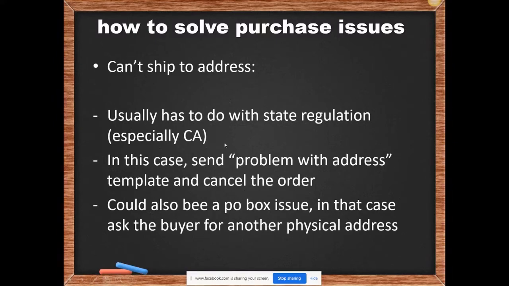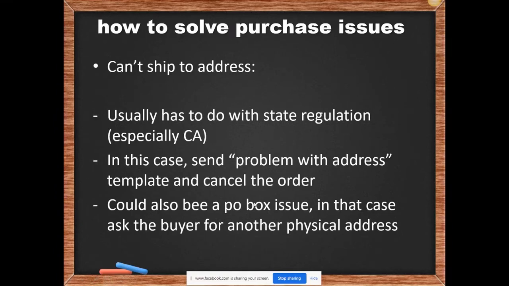But there's a second reason why you get this error, can't ship to address, which could be a PO box issue. Most of us, when we create a shipping policy, exclude PO boxes, because the suppliers we usually work with also don't ship to PO boxes.